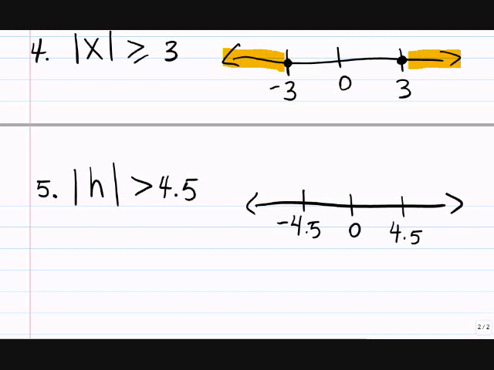What kind of circles do I need over the negative and +4.5? Open. And do I shade the outsides like I did on the previous problem, or do I shade in between? So this is a greater than. The greater thans get shaded on the outside.